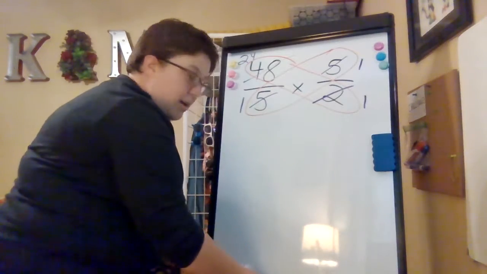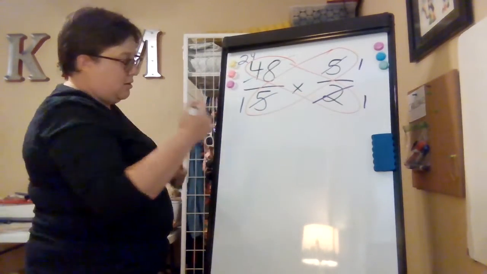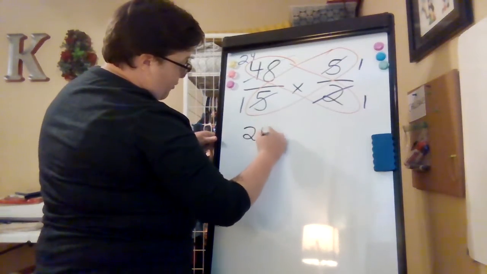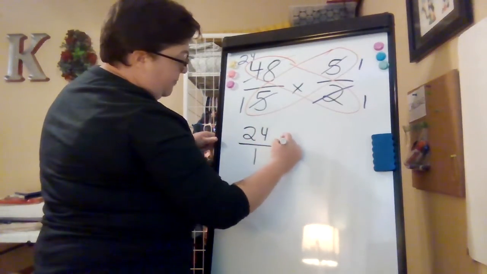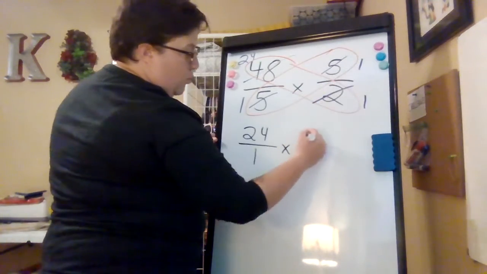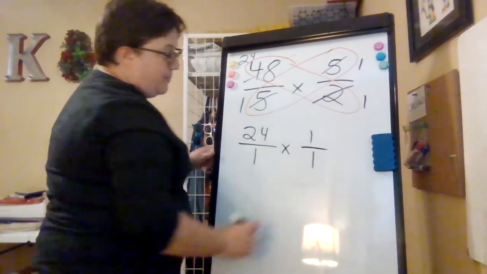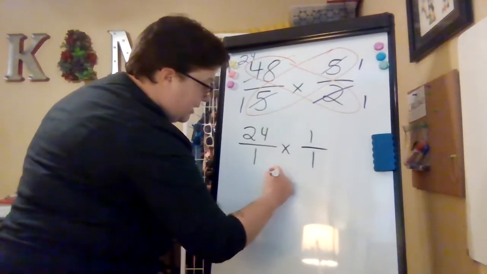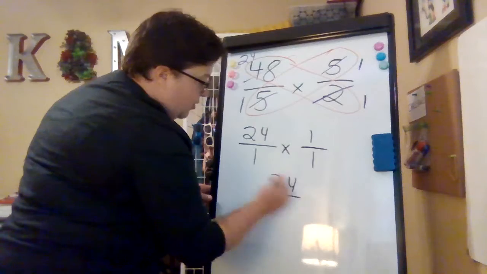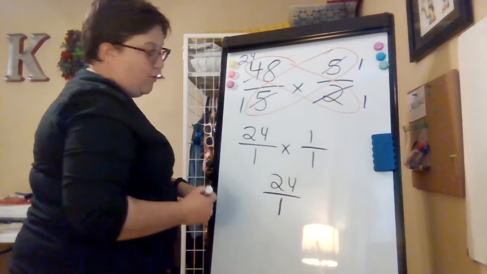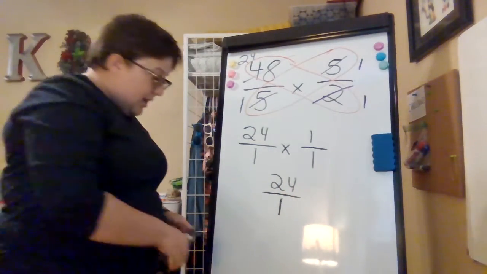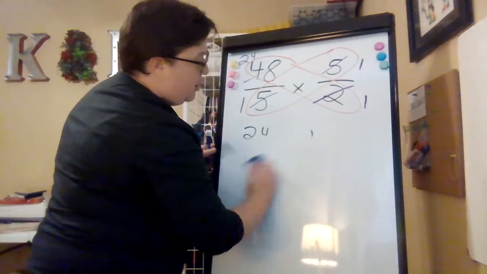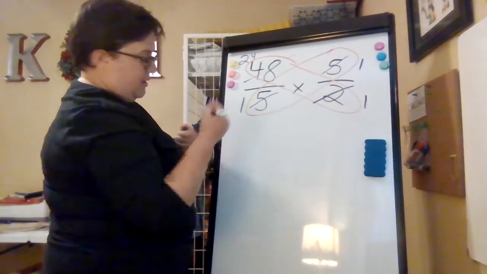And now I set up the last step of my problem, which is my new fraction, 24 over 1 times 1 over 1, which is really just 24 times 1. If you multiply across, that gives me 24 on top, and 1 times 1 is 1. So 24 over 1.